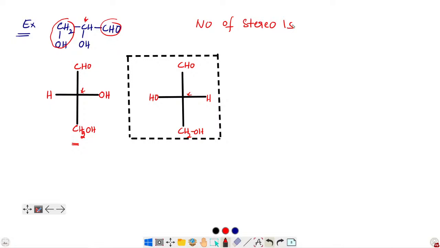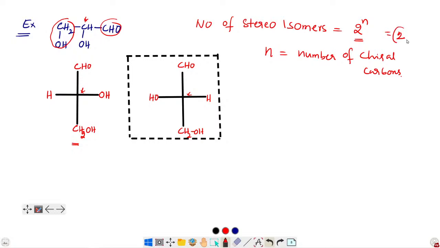Number of stereo isomers is equal to 2 power n, where n is the number of chiral carbons. Therefore, here one chiral carbon is there, so the number of isomers is 2.